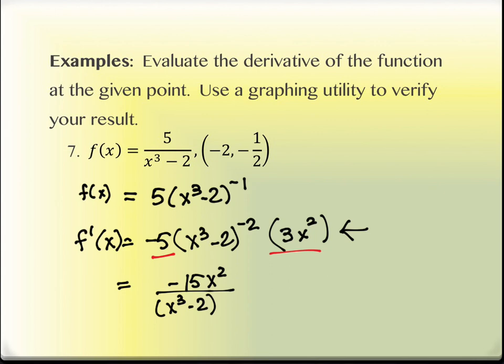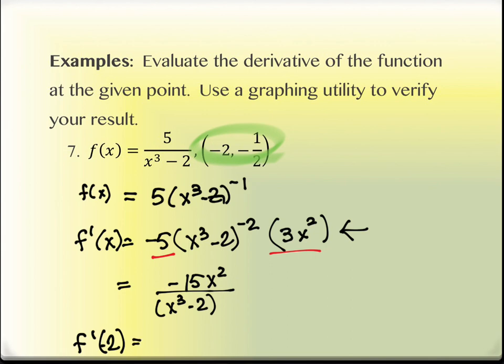This question, however, wants us to evaluate it at a specific point. And the point it says that it wants to evaluate it at is negative 2, negative 1/2. And the MO for our book is that it always gives us the ordered pair. Some books and resources don't do that. They just give you the x value, which is fine too. All we really need is the x value to do this question. So we're going to evaluate at the x value negative 2.